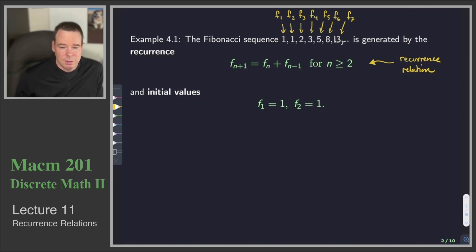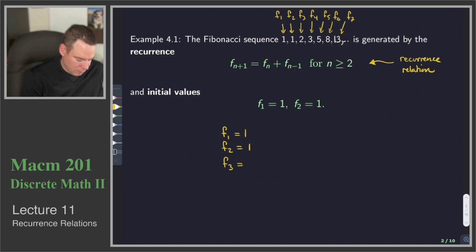So our whole goal in this case is we are interested in sequences of numbers, and we are describing that sequence of numbers by saying the nth term of the sequence is obtained from prior terms in the sequence. And so in this case, our first term is 1, our second term is 1, and then we can use the recurrence relation to get subsequent terms after that.